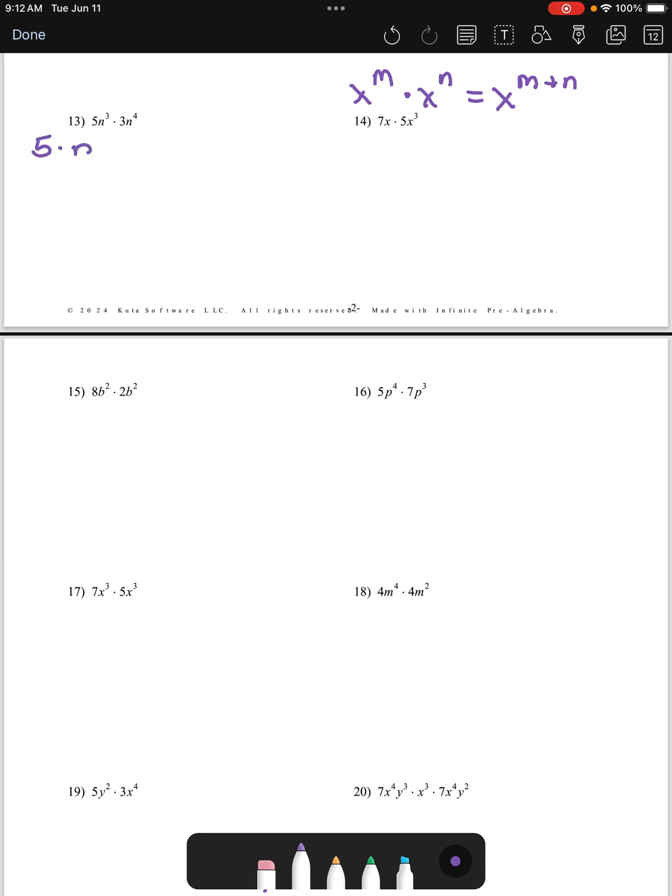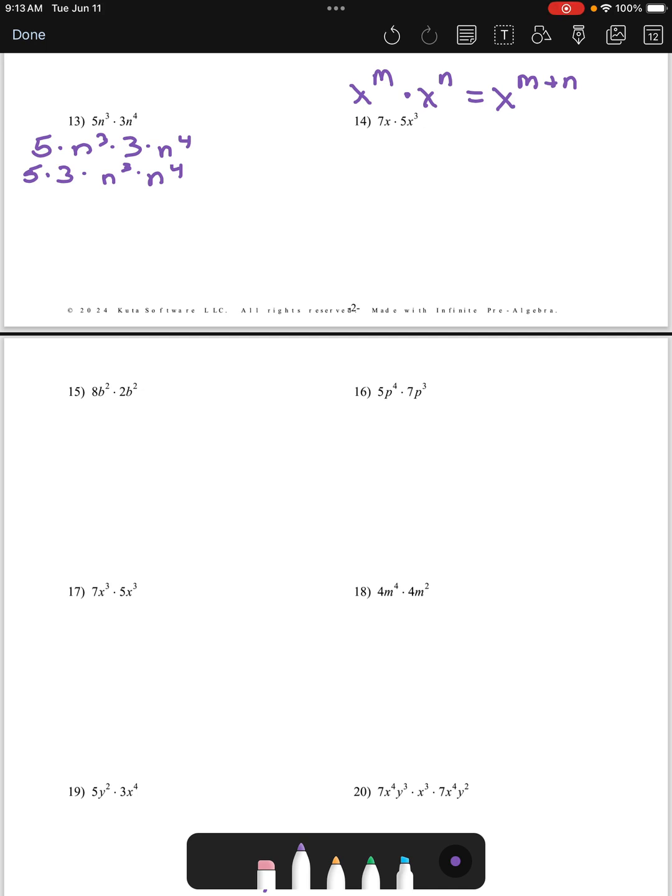So this first example, I'm going to write out the very long way. What I mean by that is, let's remember that technically speaking, 5n to the third is 5 times n to the third, and 3n to the fourth is 3 times n to the fourth.